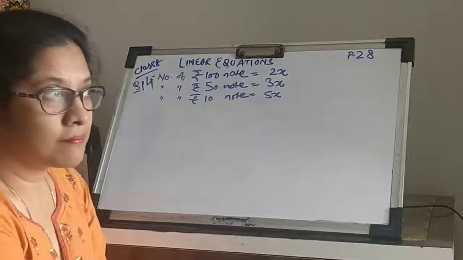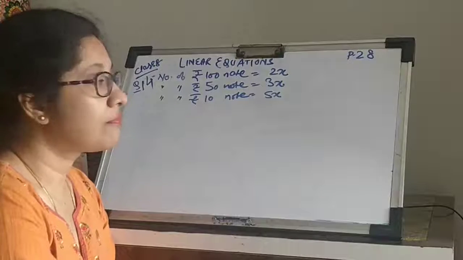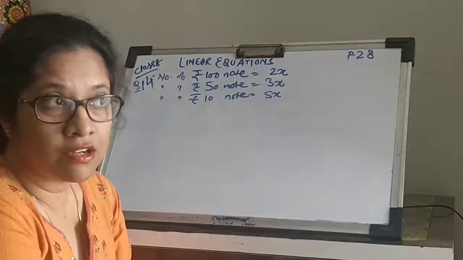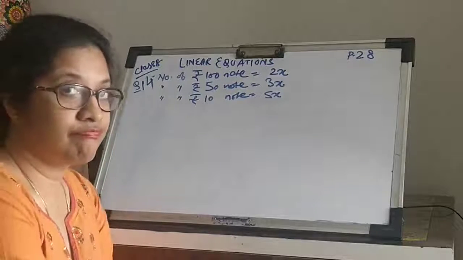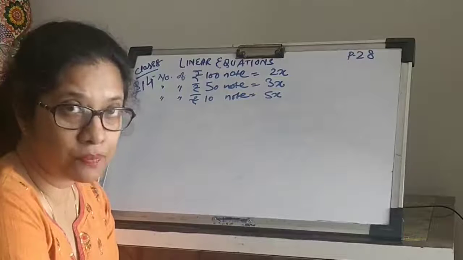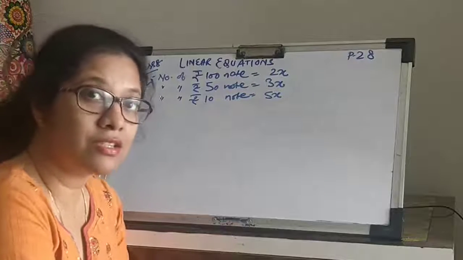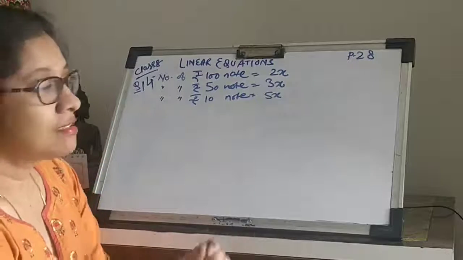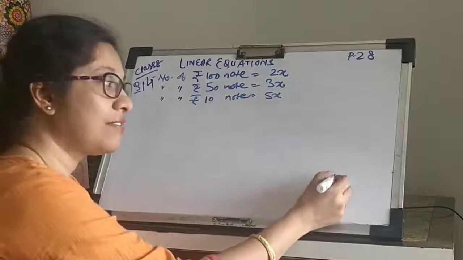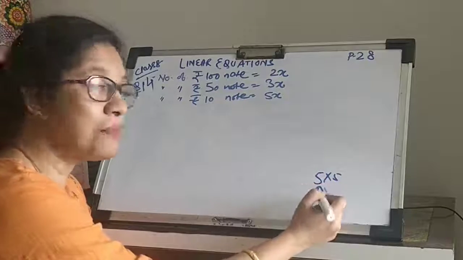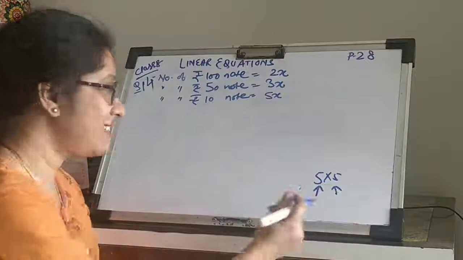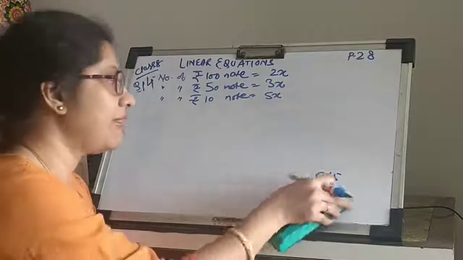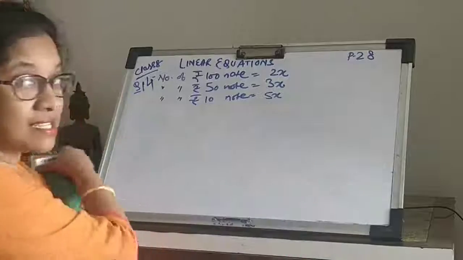Again, pretty simple. Let's say you have 5 ten rupee notes. Can you tell me what is the total amount of money you have? Very simple. 5 into 10, where 5 is the number of notes and 10 is the denomination. Let me take some other numbers.